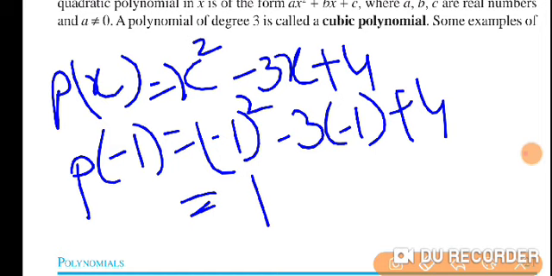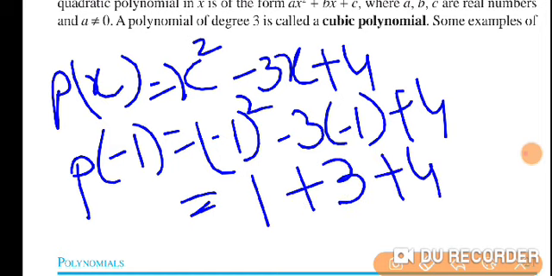I'll get 1. This will be plus 3 and this will be plus 4. Did I get 0? No. So what should it be? It should be plus 1. Isn't it? So plus 1 if I take, then I will get plus 1 over here, and this part will become minus 3. Correct? And plus 4.